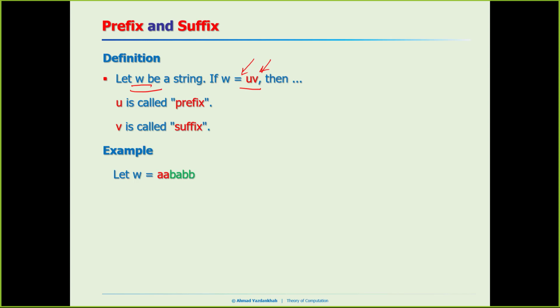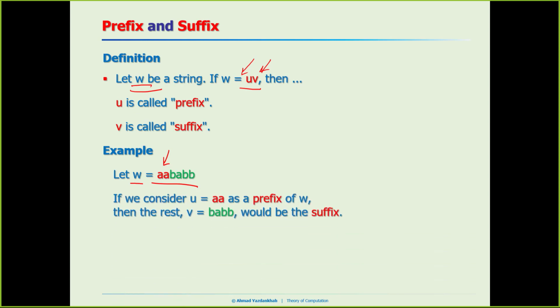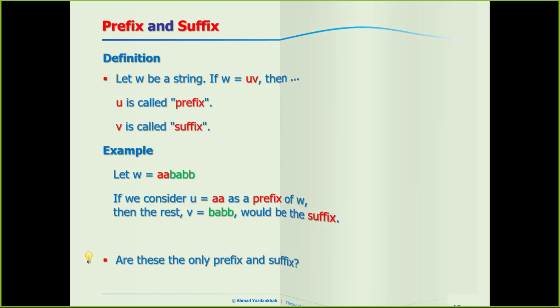W, for example, is this. If we pick AA as the prefix, then the rest of that will be the suffix. Could we pick other things? Of course we could. So in the next slide, I collected all of the possible prefixes and suffixes of the same string.